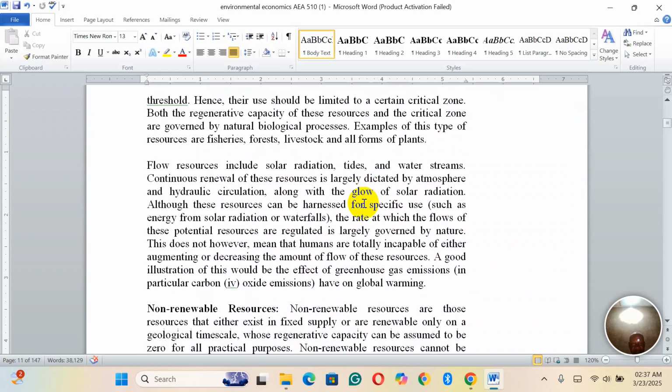Flow resources include solar radiation, tides, and water streams. Continuous renewal of these resources is largely dictated by atmospheric and hydraulic circulation, along with solar radiation.